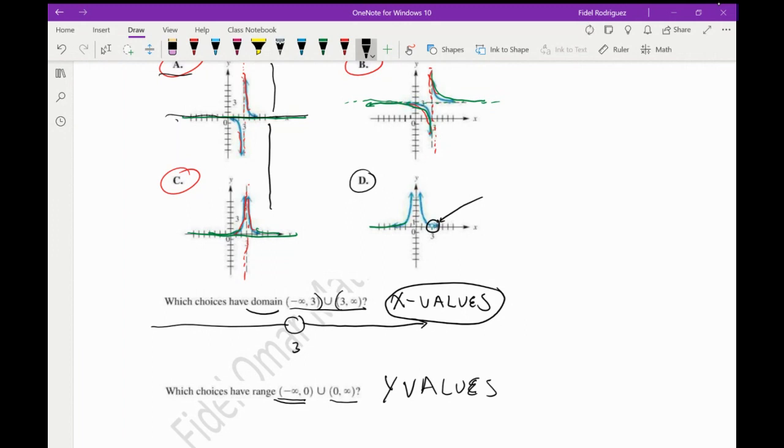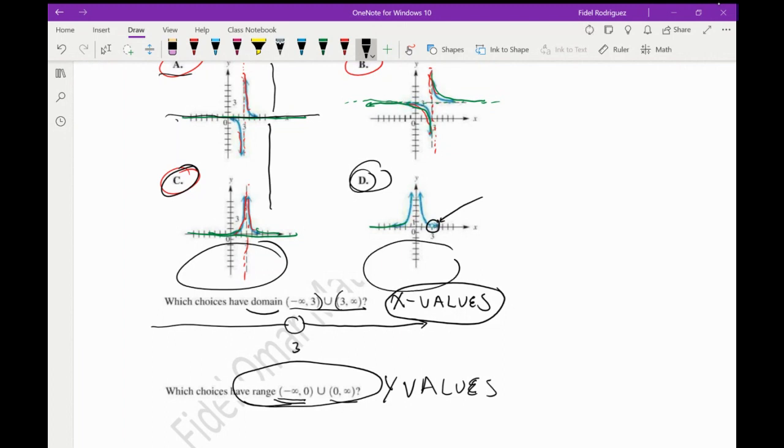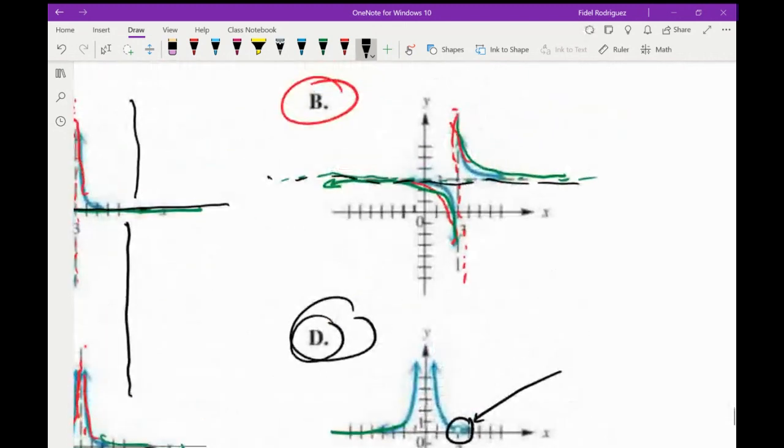Because that horizontal line is at 0, this graph has the range of negative infinity to 0, and then 0 to infinity. The reason choices C and D don't is because the graph isn't going down here. And the reason this one doesn't is because my line here, if I zoom in, is not at 0, it's at 3. Okay.